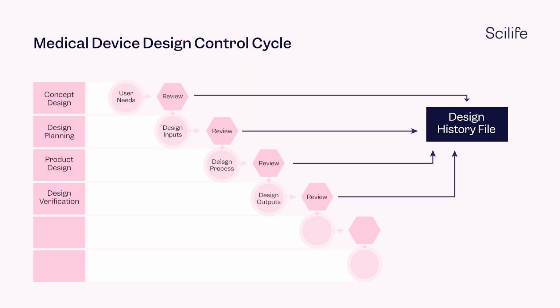The design verification phase confirms that the design output matches the design input. The design verification results, the methods, the dates, the name of the individual performing the verification, etc., will be recorded in DHF. The design validation process involves testing the device in defined conditions.